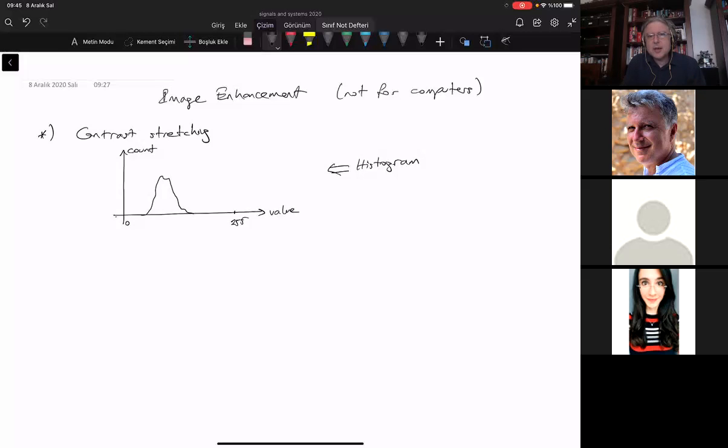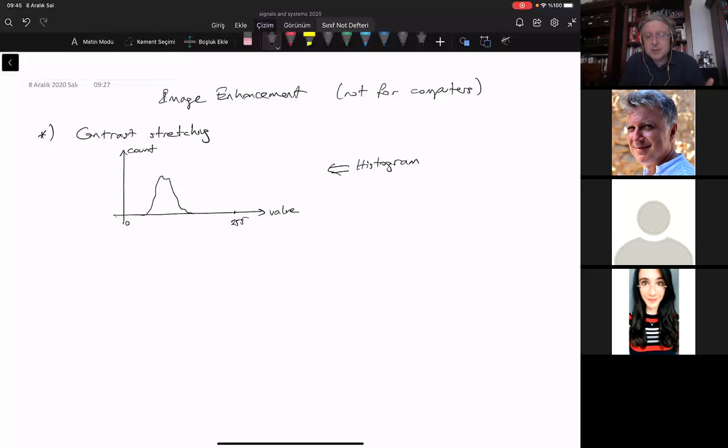First things first. A histogram is the count of how many pixels there are inside your image with a value of 0. That count is plotted as the magnitude of this function at the value of 0. Histogram at 1 is the number of pixels inside the image with a value of 1.